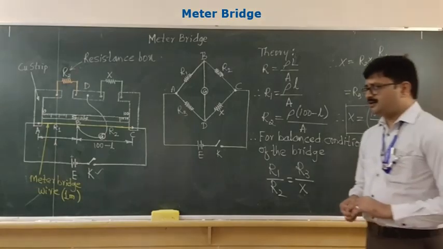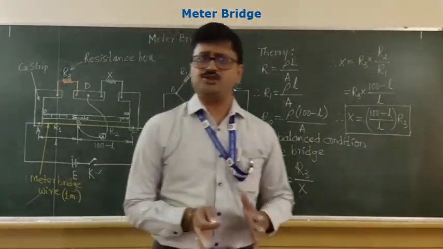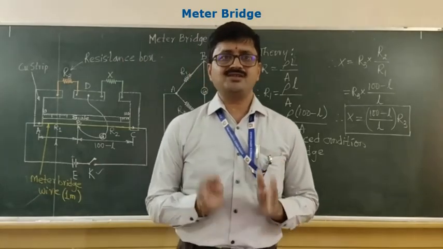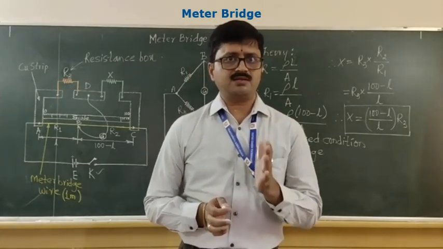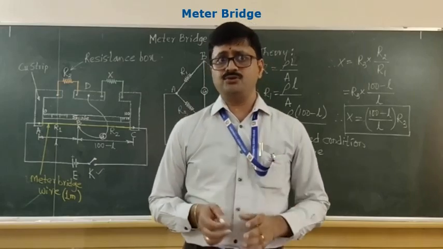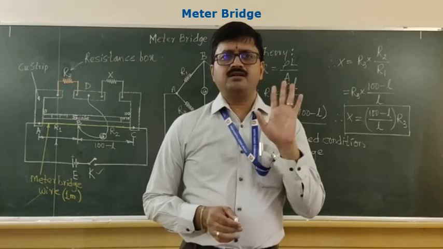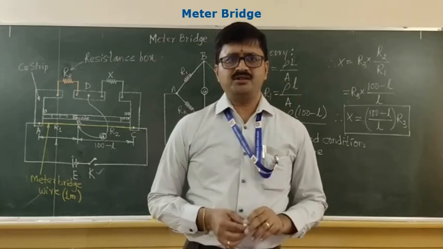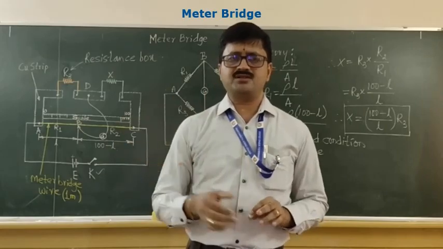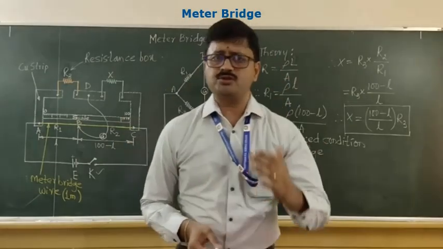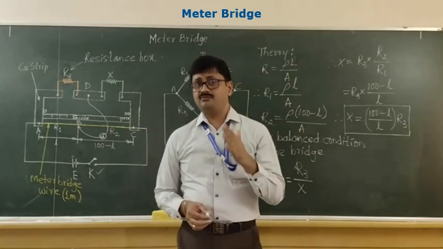And I suppose with this discussion we are finished with the current electricity chapter. This is the last discussion that I was supposed to do, and with this I have completed my discussion on current electricity. Part 1, part 2, whatever I have discussed, kindly go through each of those videos once again and have a look at them.